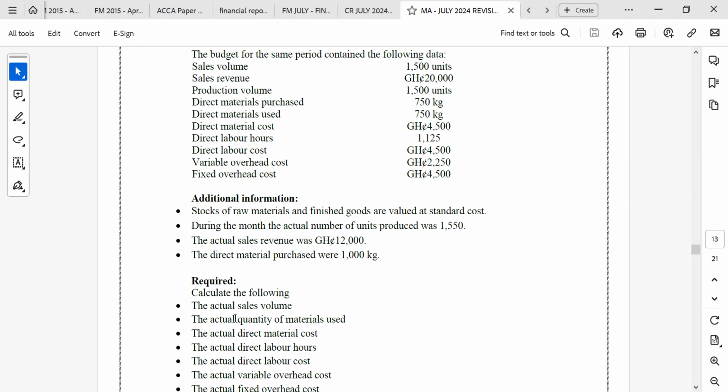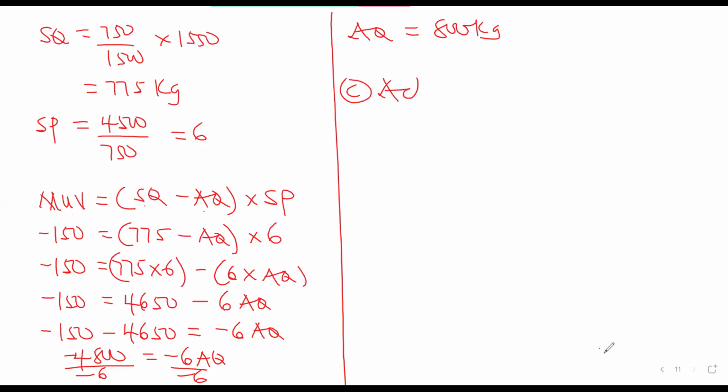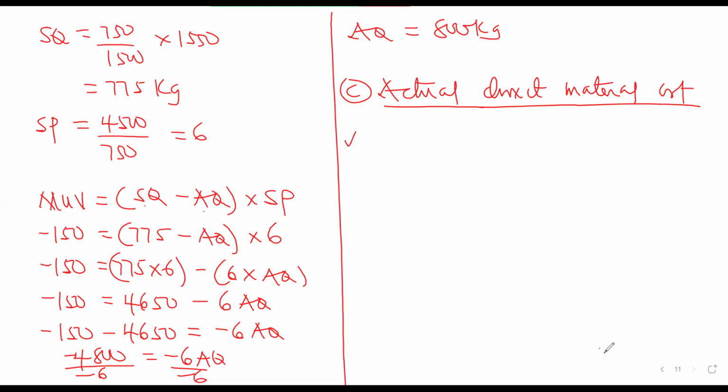Okay. Let's count actual direct material cost. So we have the C to be actual direct material cost. We know that actual direct material cost, we can only calculate it using the material price variance, isn't it? Because material usage variance, there is no cost item there. So we have the standard price minus the actual price multiplied by the actual quantity purchased, not used.